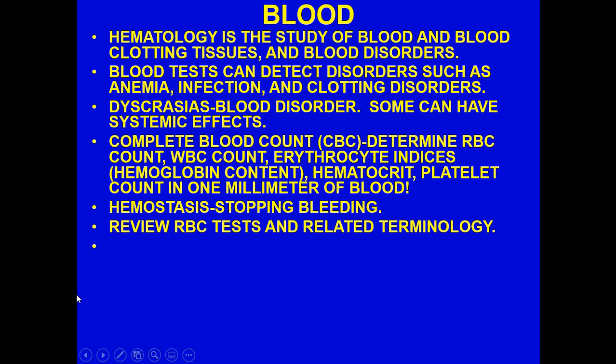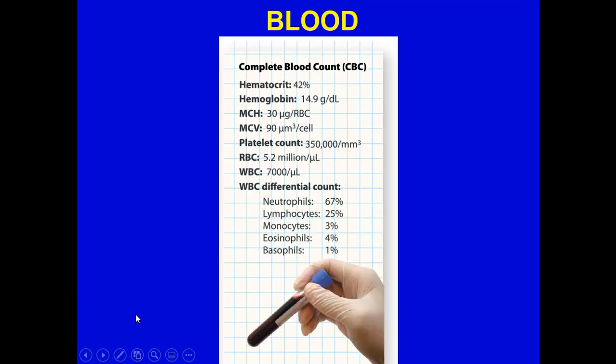I encourage you to review the RBC tests and related terminology. You do not have to memorize all of these numbers, though, just to get somewhat familiarized with them, especially if you are heading in a nursing, pre-PA, allied health track. Okay?